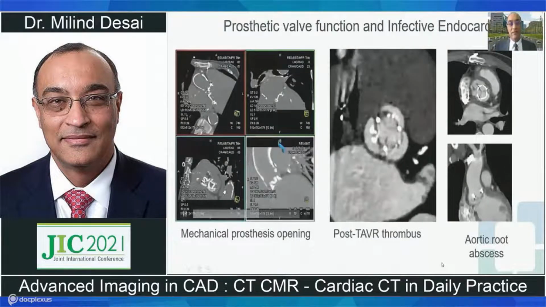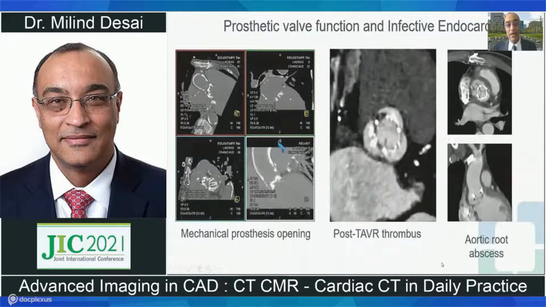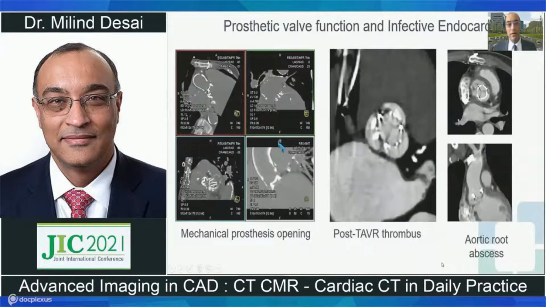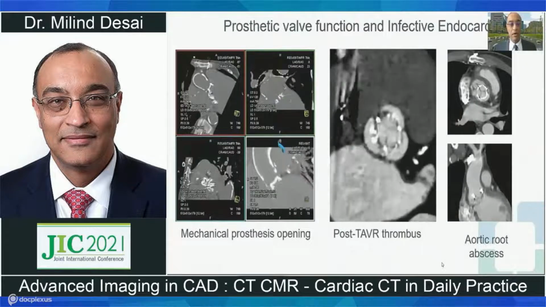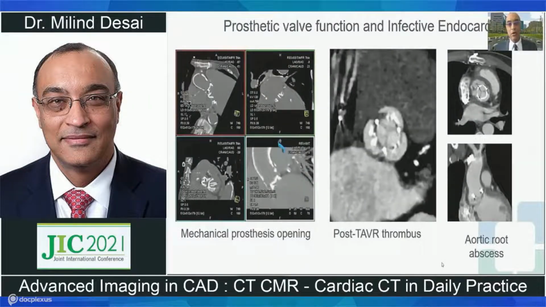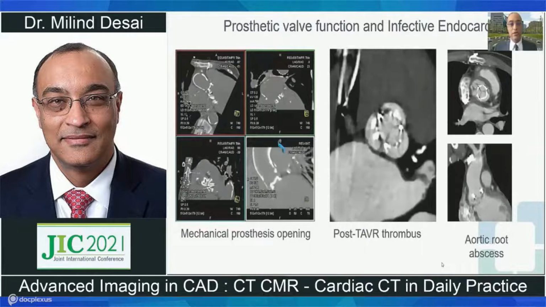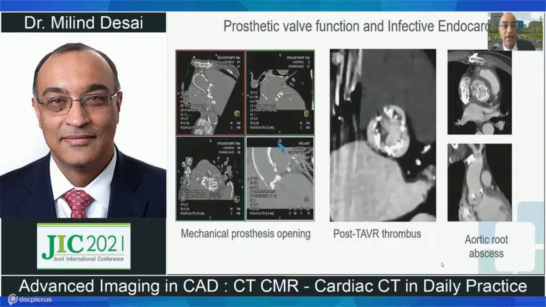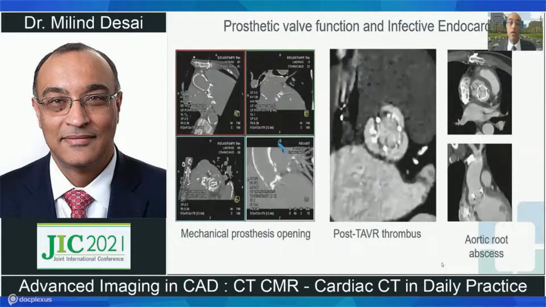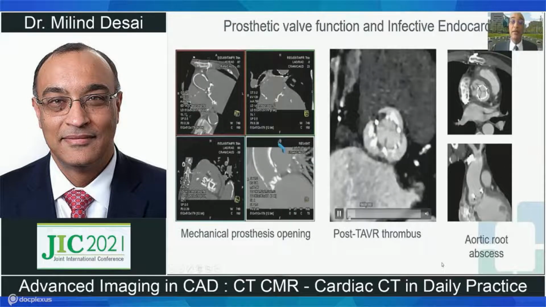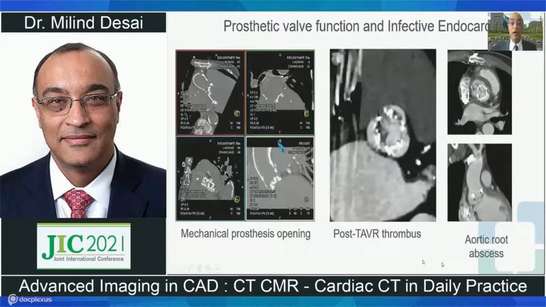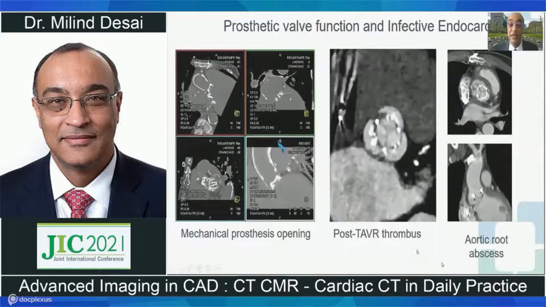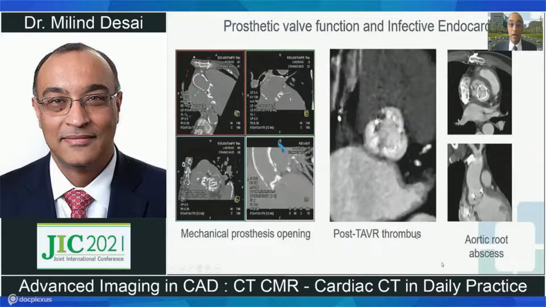In other valvular diseases, CT plays a major role. For prosthetic valves, especially mechanical valves, it can help detect whether the closing and opening of the mechanical valve is appropriate or not. Sometimes echocardiography and angiography are not sufficient, and CT plays an important role. The other interesting thing that we have recognized recently is the appearance of thrombus formation, especially in the TAVR population.